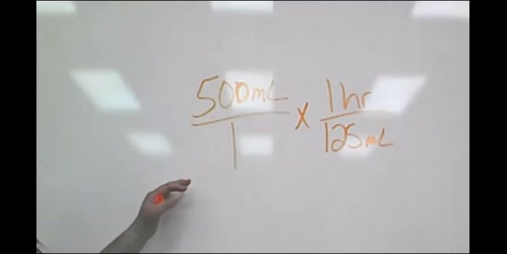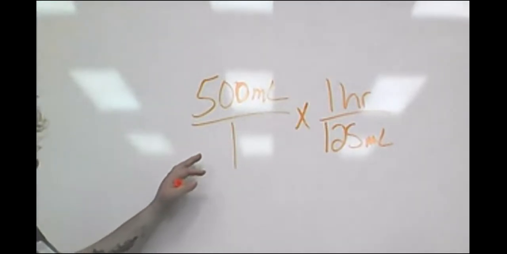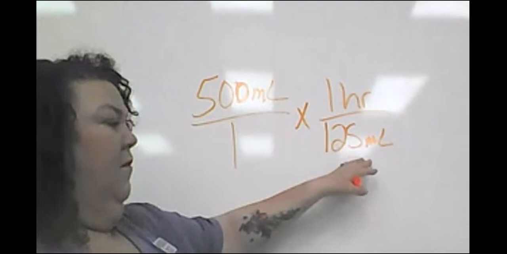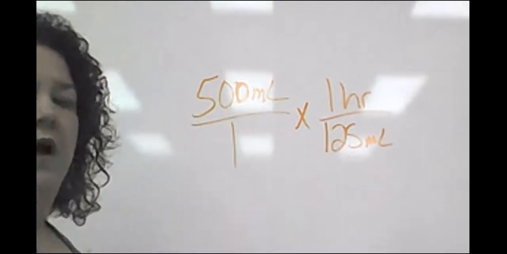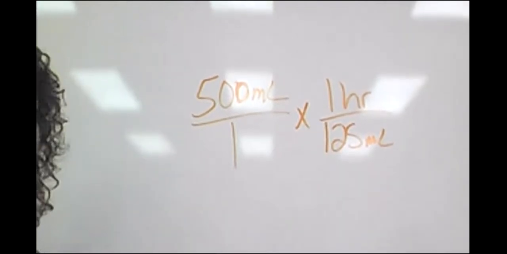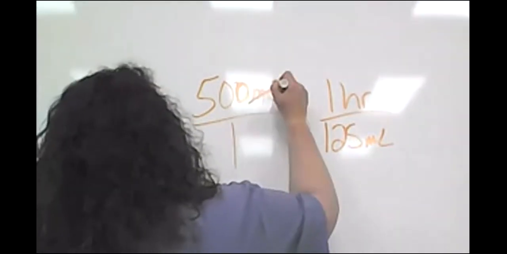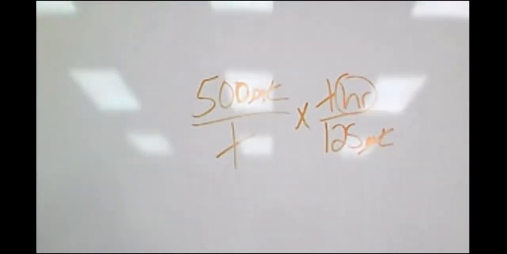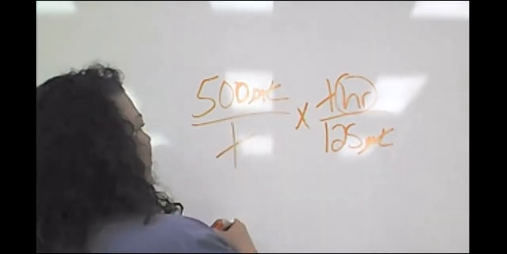Now, I don't need that middle equation because we're not going from liters this time. We're already in milliliters. My rate is in milliliters, so I can just simply do the math. First thing we need to do, though, is cancel out our like units. And we can cancel out our like numbers. It leaves me with hours, which is what I'm headed for, right? And there's really basically not a lot of math left to do.